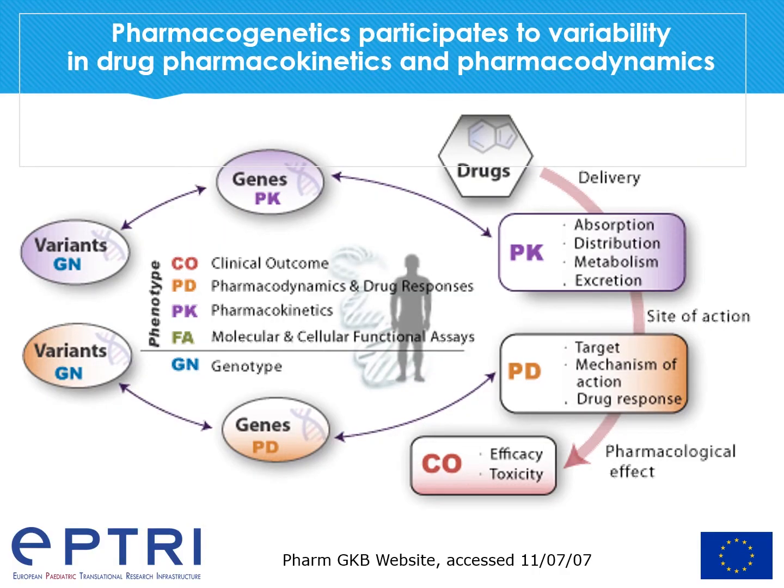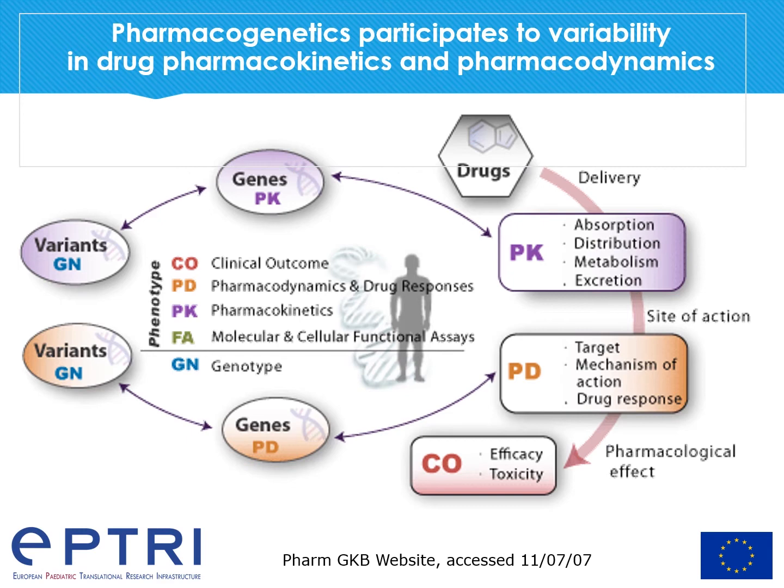Pharmacogenetics participates in variability in drug pharmacokinetics and pharmacodynamics. As shown here, genetic variants in genes affecting pharmacokinetics will have an impact on the absorption, distribution, metabolism, or excretion of a drug.